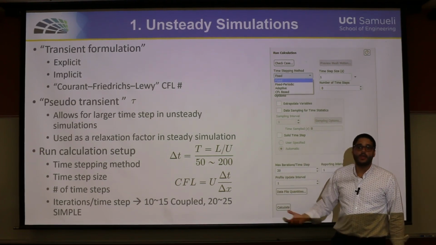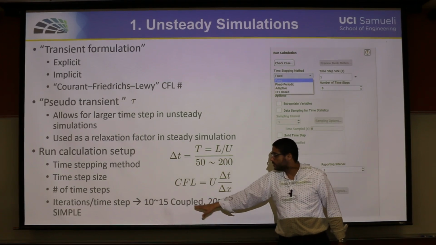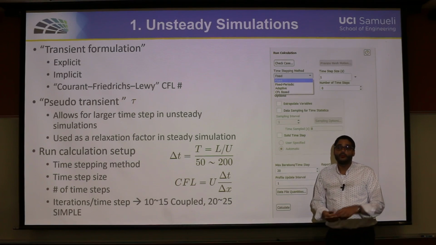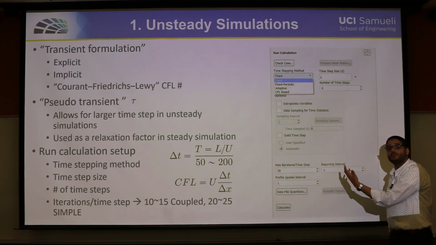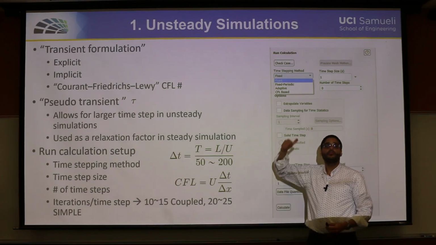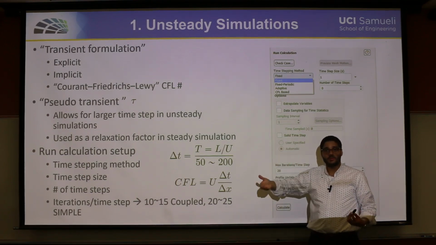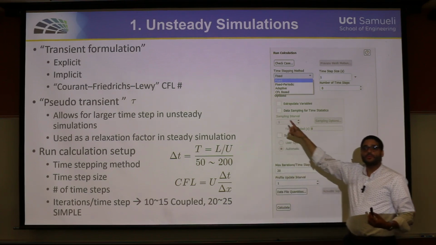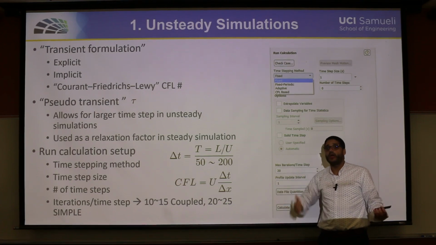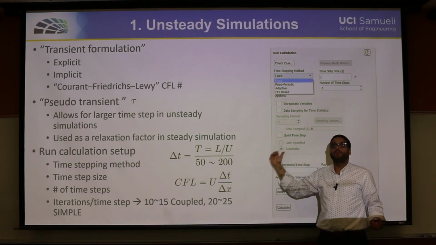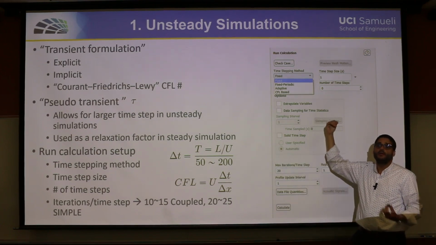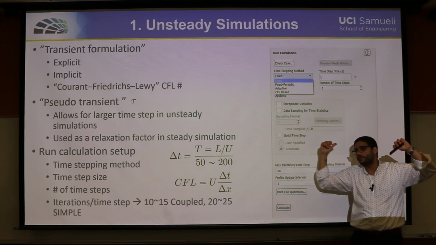I have seen most of the time that students do not specify this number to be around 10 or 15. What they do is specify this number to be around 200 or 300. And they wait. They specify a residual value, and they wait till the residuals go down and reach around 10 to the power negative 6 or 10 to the power negative 12 at each time step, and then when Fluent detects that convergence is reached based on that criteria, Fluent automatically switches and goes to another time step.